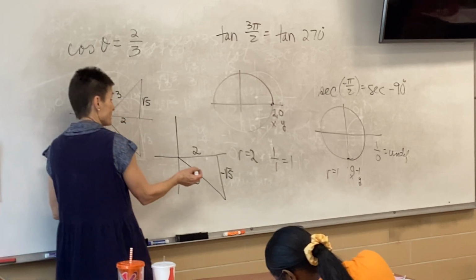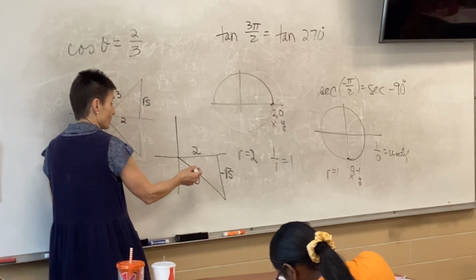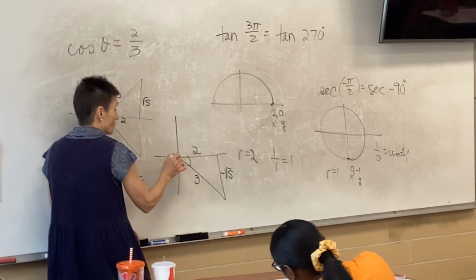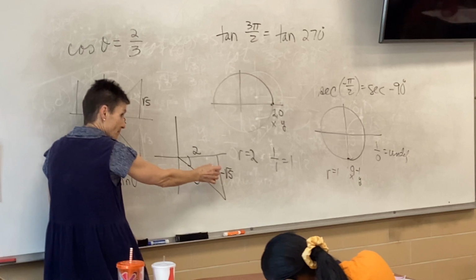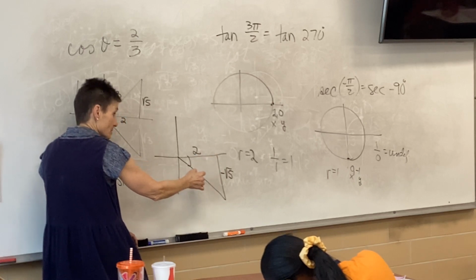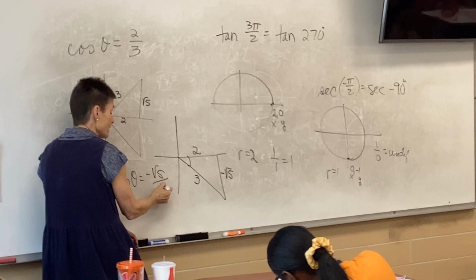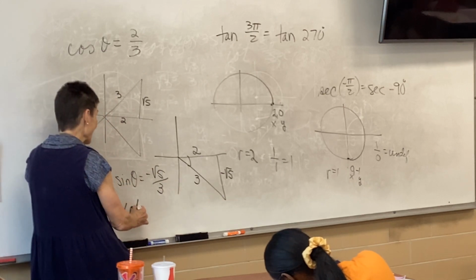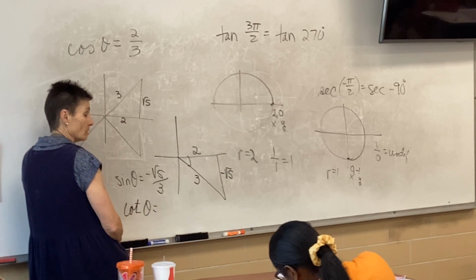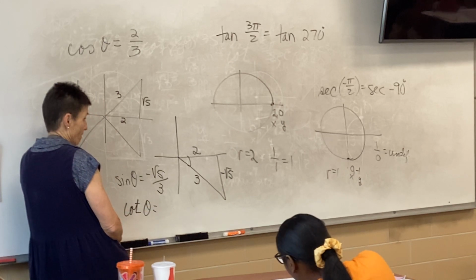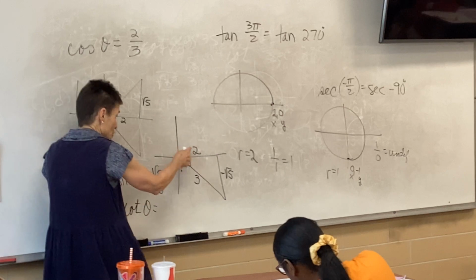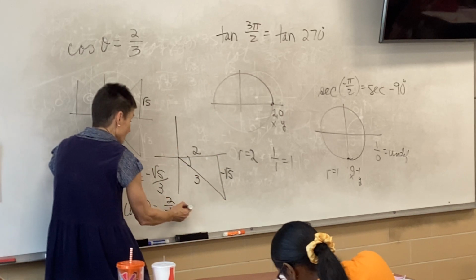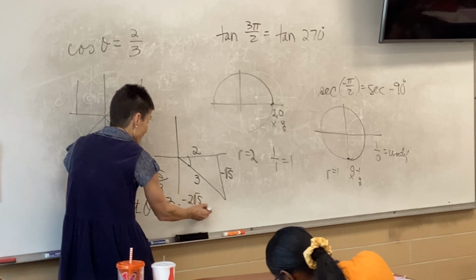All right, what's the sine of this angle? Opposite over hypotenuse. Negative √5 over 3. What's the cotangent of that angle? Adjacent over opposite. 2 over negative √5, or negative 2 √5 over 5.